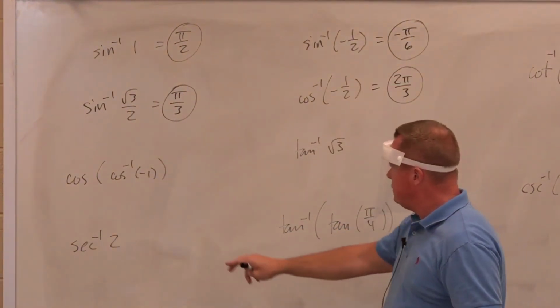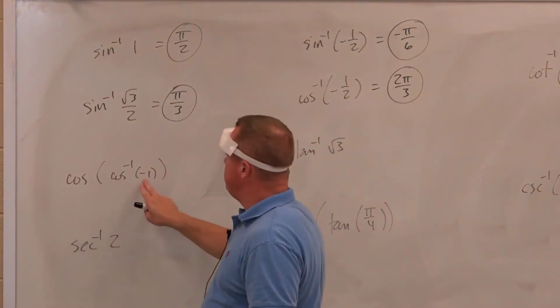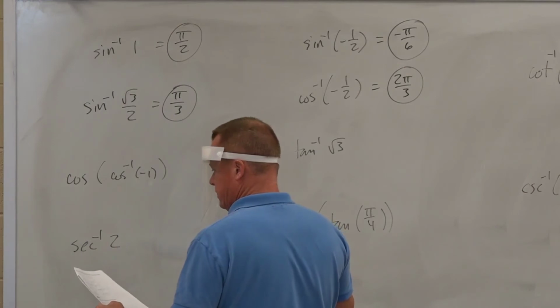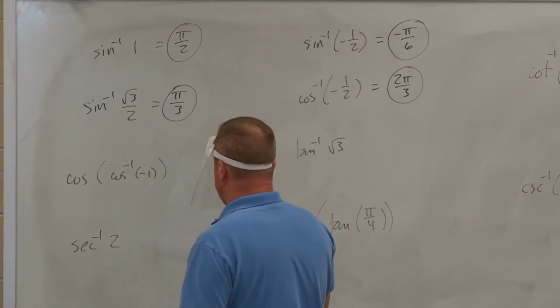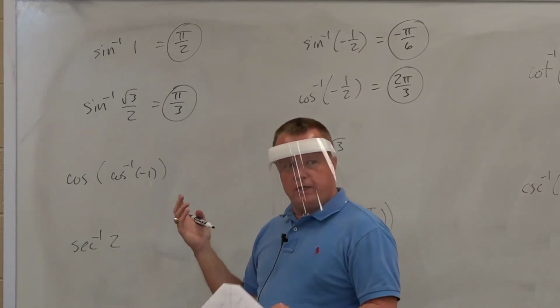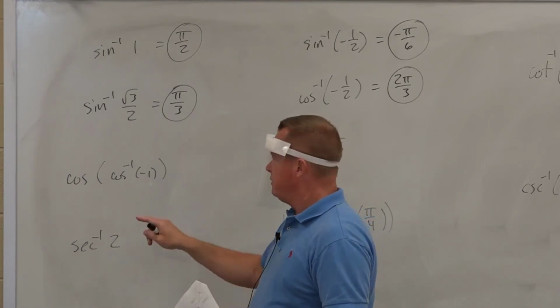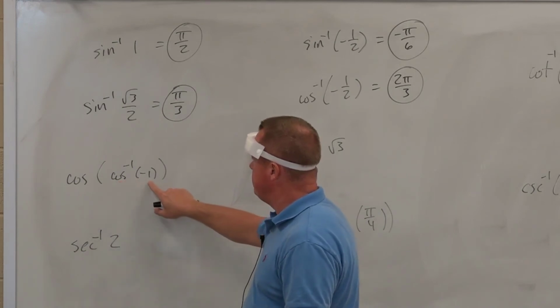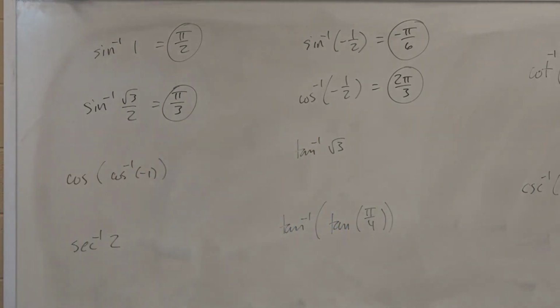This one, the cosine of the inverse cosine of negative 1. You might say, well, that's just negative 1. It could be, but not necessarily. So inverse cosine of negative 1.